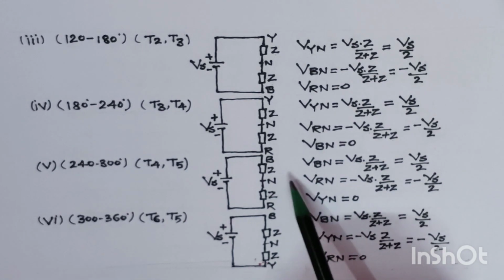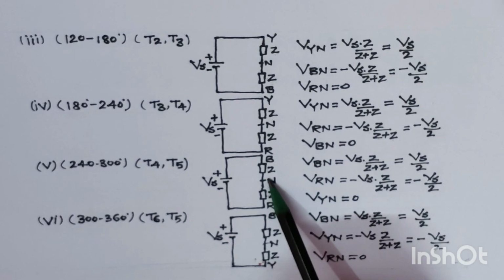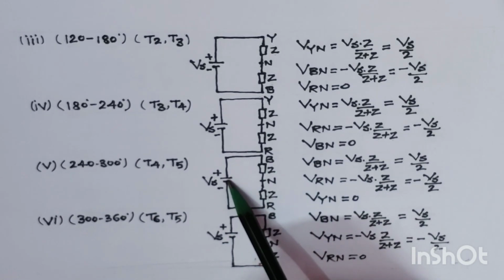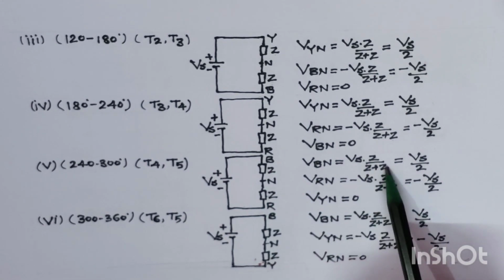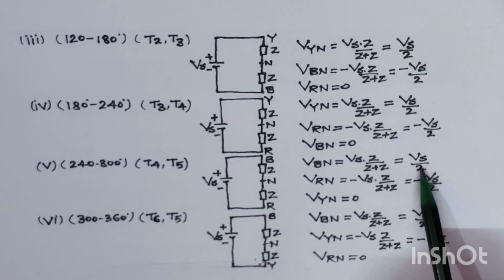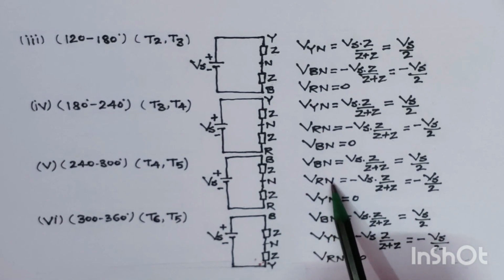So let us find out the voltage VBN. What is VBN? It means positive voltage Vs into impedance Z upon Z plus Z upon Z plus Z. If you solve it, it comes out to be Vs by 2. Now next, we will find out VRN.